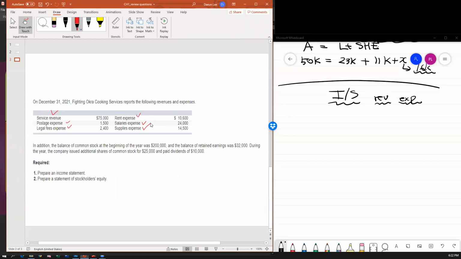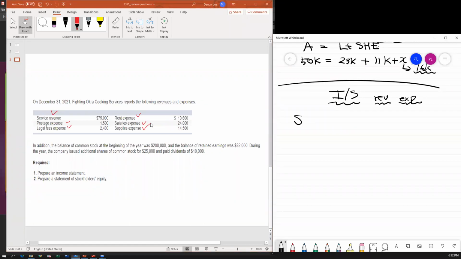So we only have one revenue, but we report five different types of expenses. Let's prepare an income statement. An income statement usually starts with revenue. So it reports service revenue by $75,000, okay? And there are expenses that are reported.